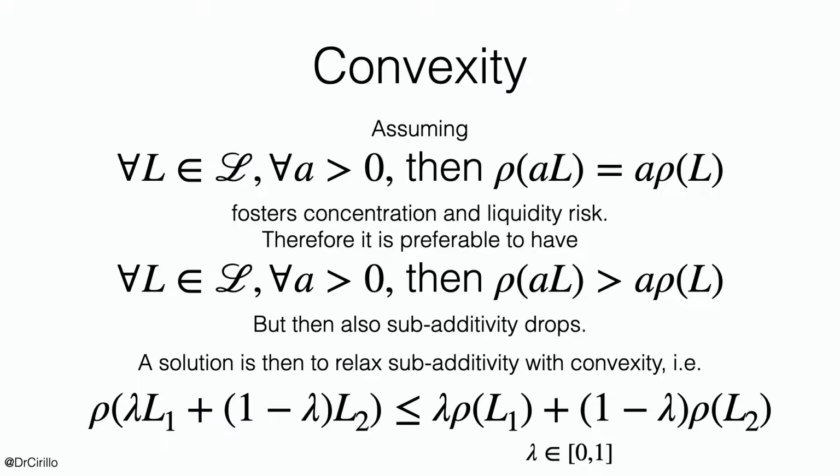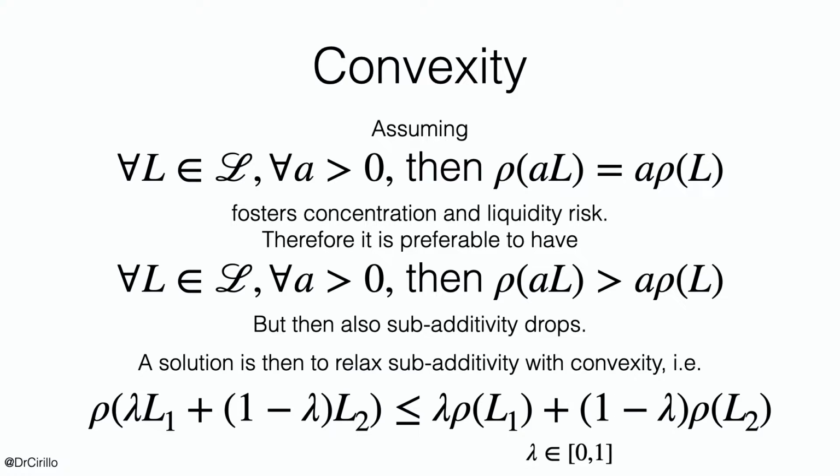That is, the risk of a linear convex combination of losses is lower than a linear convex combination of the single risks. If the equal sign of positive homogeneity is replaced with a larger than or equal to sign, then a coherent risk measure is convex, while, please observe, the opposite is not necessarily true.